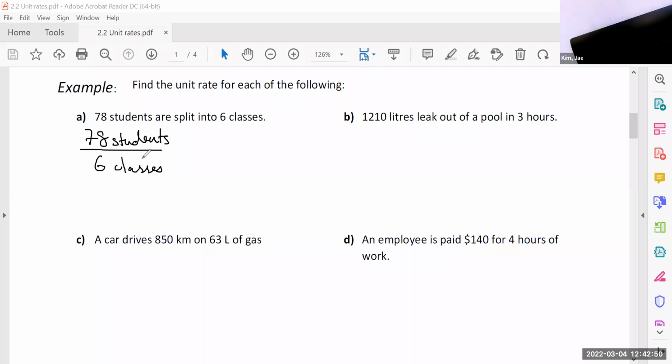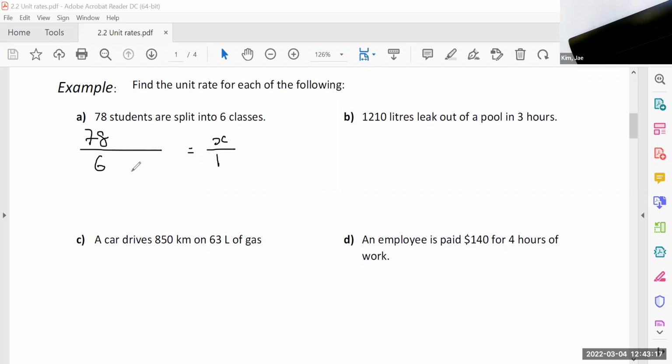Okay, 78 students in 6 classes, and so that is how many students per one class. Mathematically, I hope you can see without rewriting it that the ratio is 78 over 6 equals x over 1. So yes, there's algebra, but there's no change if you multiply both sides by 1.